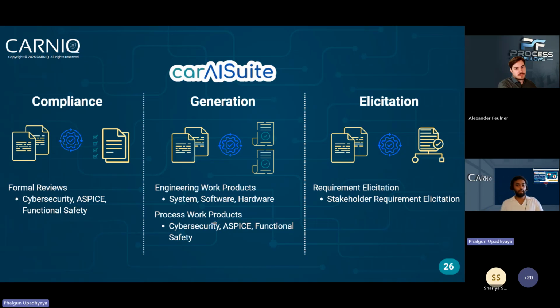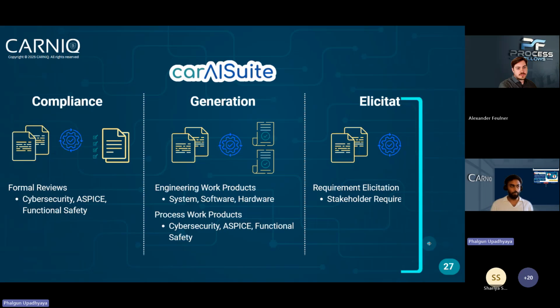The tool right now is mature enough to generate requirements, architecture, and test specifications for system, software, and hardware: system test specification, software test specification, hardware test specification. These are some of the things the tool is currently equipped to handle. And of course, when you're talking about compliance, we saw the review reports that it generated.